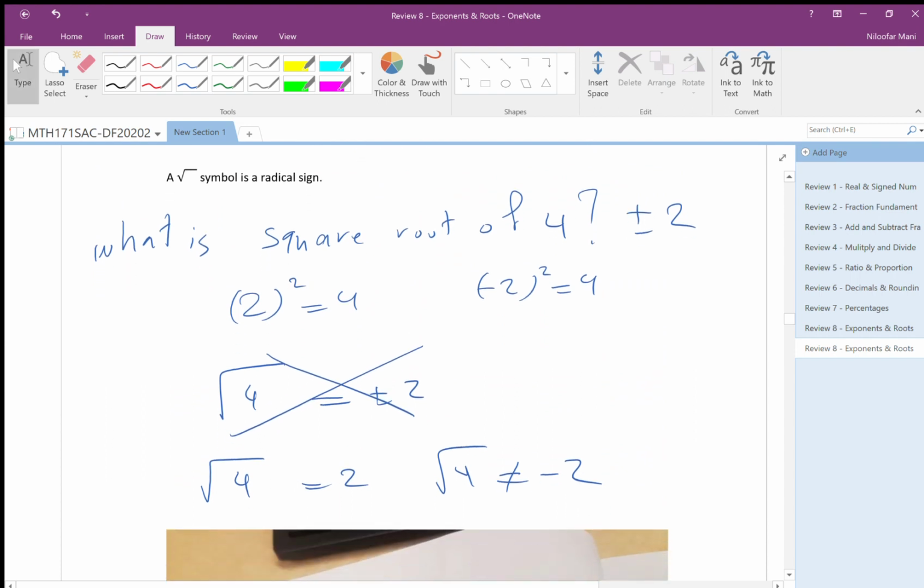But if I say what is a square root of 4, the answer is plus minus 2, because that's a fact. When I do 2 squared is 4, minus 2 squared is 4. I know. But when I show this symbol, because I define this symbol to have a positive answer, I cannot accept negative 2.